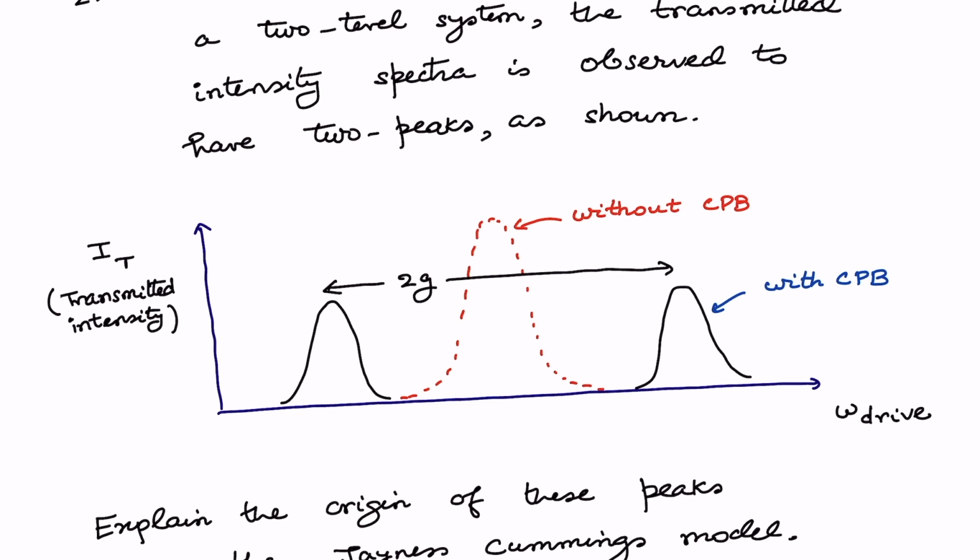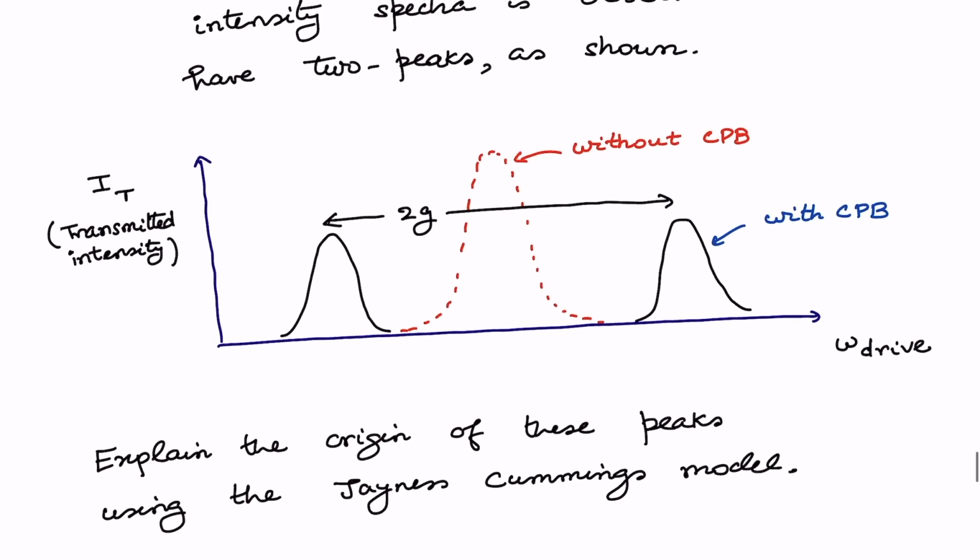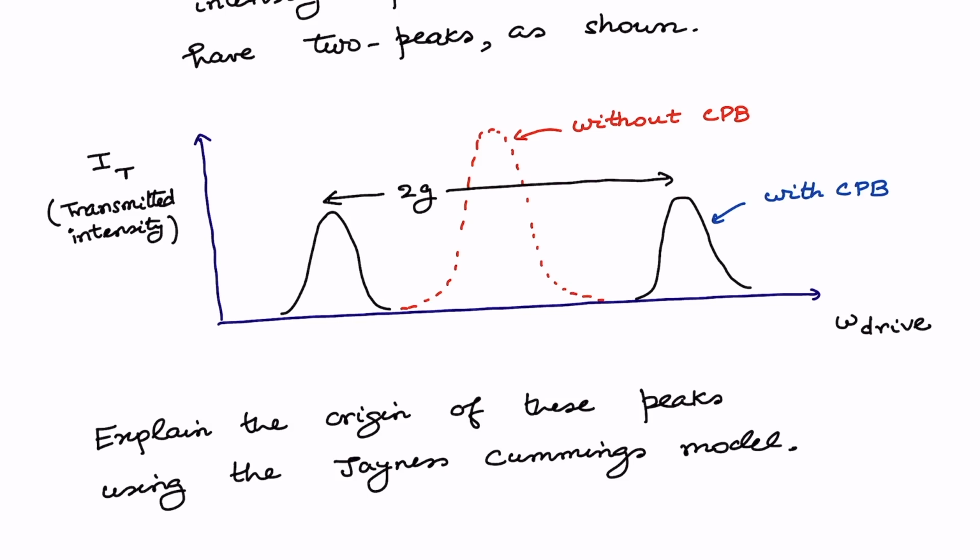But when there is coupling, two peaks are observed, and you are asked to explain the origin of these peaks using the Jaynes-Cummings model.